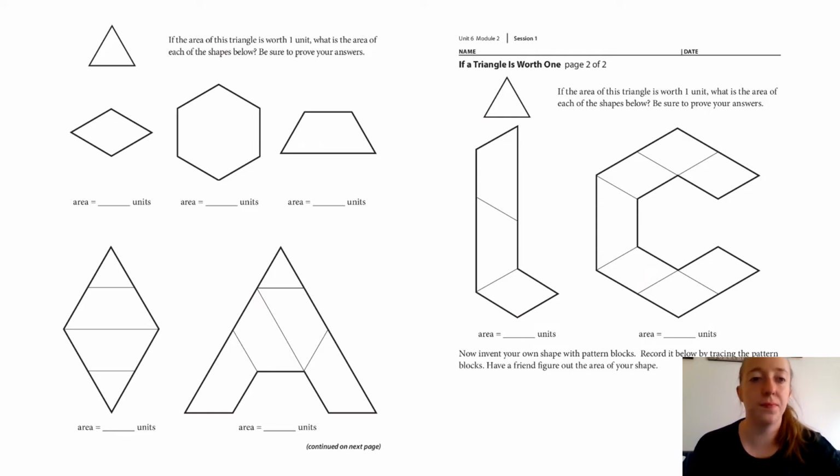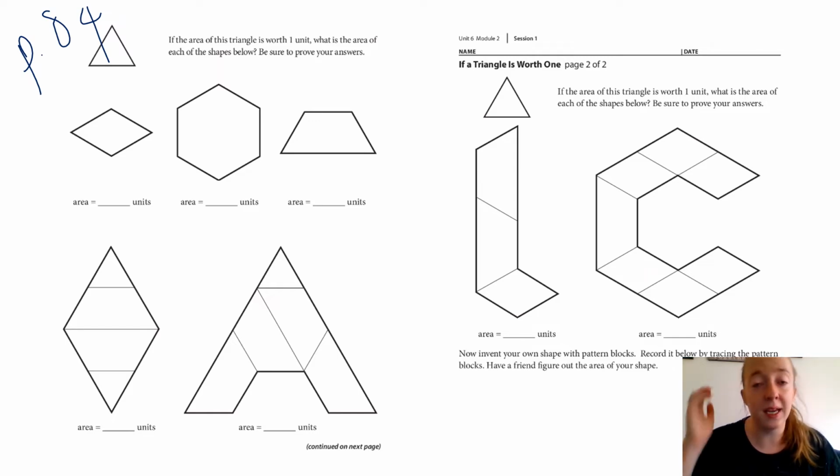Hi, everyone. Okay, so when you go into your blue student book, you are going to turn to page 84. There we go. Page 84. And what you are going to do is work on finding the area in units of each shape.